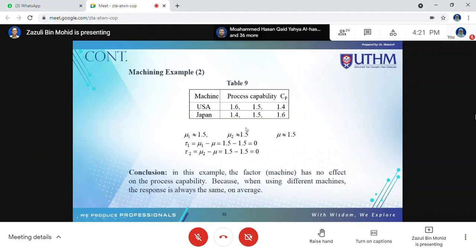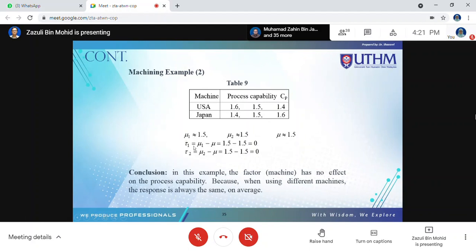Using the previous formula, you may calculate it again using the same method in the previous slides. You will have mu1 is 1.5, mu2 is 1.5, mu is 1.5. So tau1 is equal to mu1 minus mu, which is 1.5 minus 1.5, equal to 0.